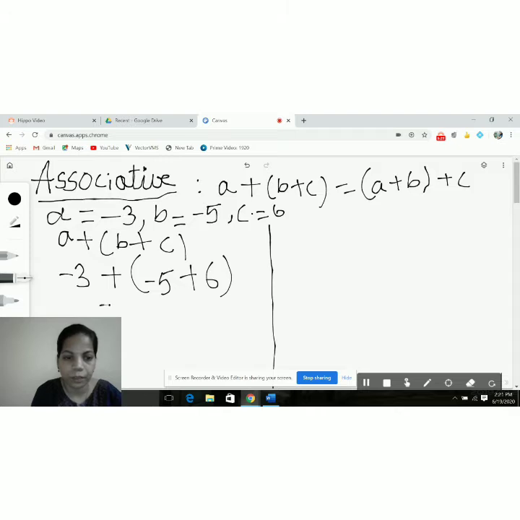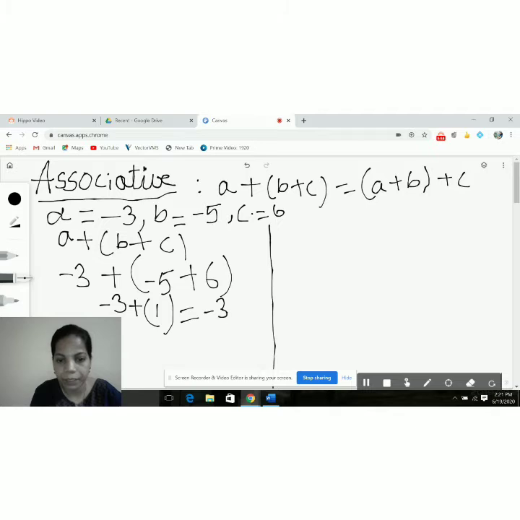So minus 3 plus minus 5 and minus 6? One positive integer and one negative integer. So we have to subtract with the sign of greater integer. So we have to subtract, 6 minus 5 is 1. So greatest number is having positive sign. So we'll put positive sign only. So minus 3 plus 1 we have.